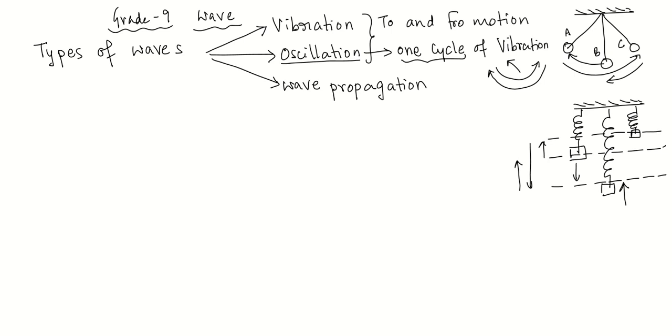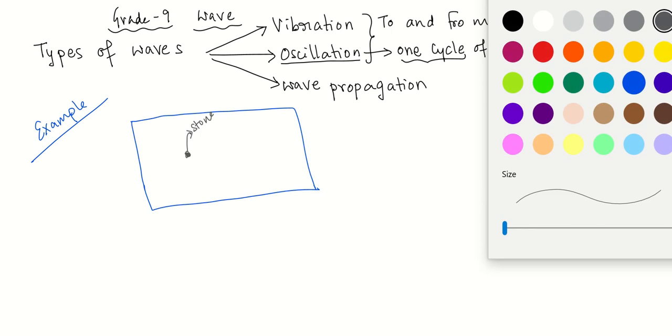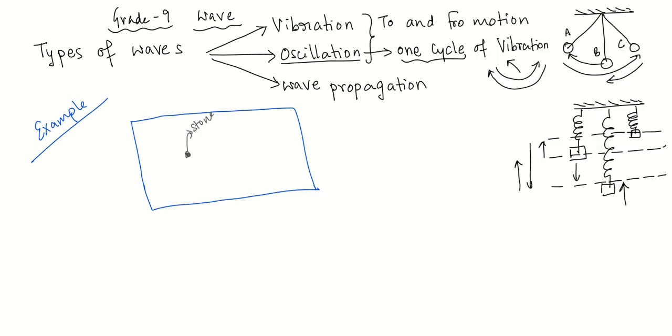So let us say, for example, we have water on this surface. Example. Okay, I'm going to discuss an example, and in the example I have water here, and I take a stone and drop it at this point. So this is basically a stone. When I drop the stone in the water, I can see the water moving around in certain ripples.